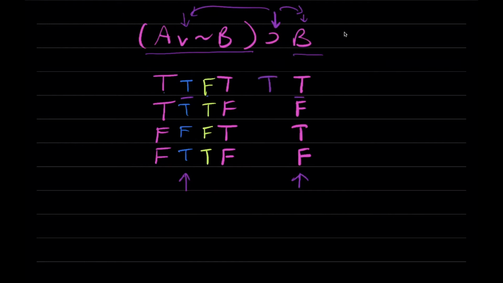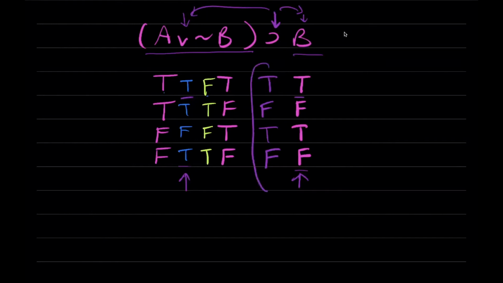In the next row, we've got true implying false, and that's our one case when a conditional is false. In the next row, we've got false implying true, so that's going to be a true conditional. And in the last row, once again, we've got something true implying something false right here, and that's going to give us a false conditional.